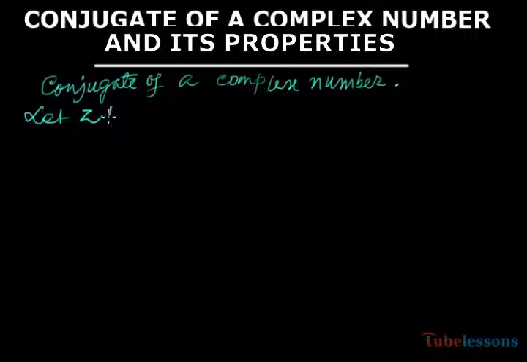Let Z be a complex number, that is Z belongs to C, and Z is equal to a plus ib.